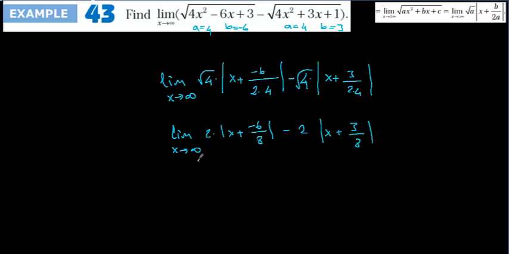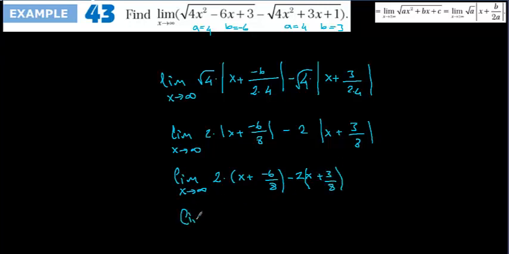As I told you before, we should take these absolute values out, but we have to be careful about the sign of it. Here the sign shows us x tends to infinity. When you put infinity here, the result is positive, so you should take out the expression as positive: 2x plus minus 6 over 8, and minus 2x and minus 2 times x plus 3 over 8.